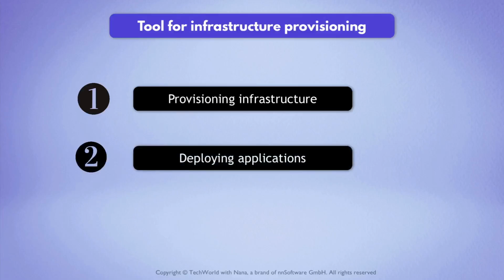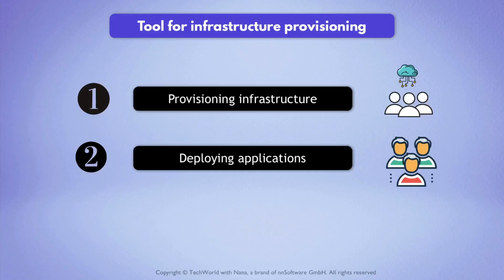So you might even have two separate teams or two individuals who do these two separate tasks. So possible scenario, a DevOps team member configures the infrastructure and a developer then deploys the applications on the prepared infrastructure. So where does Terraform come into this whole thing?